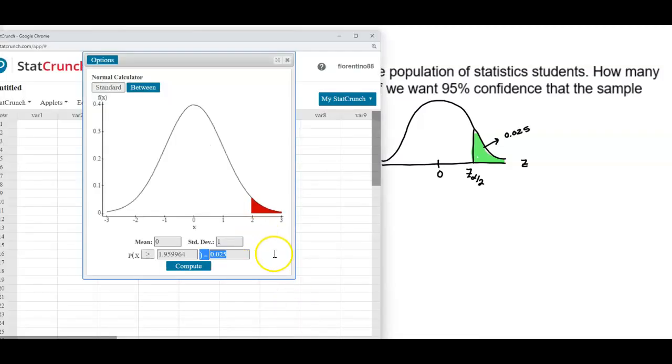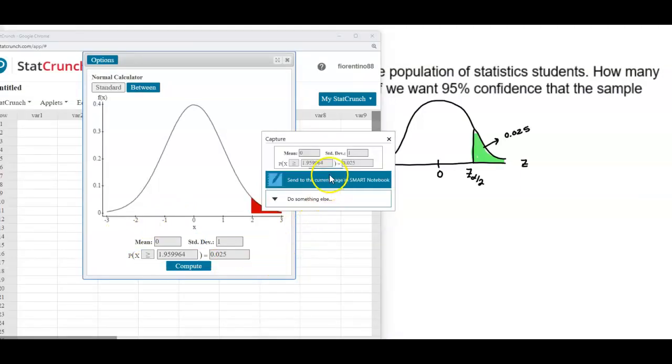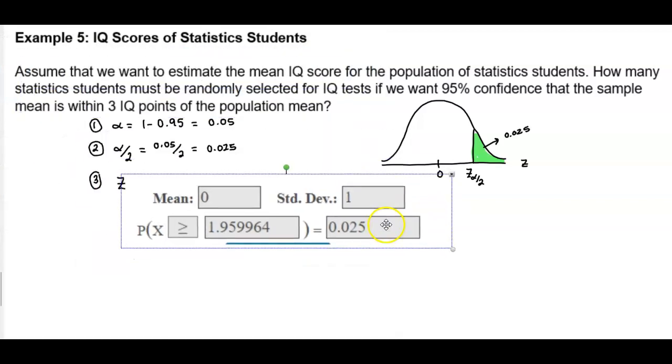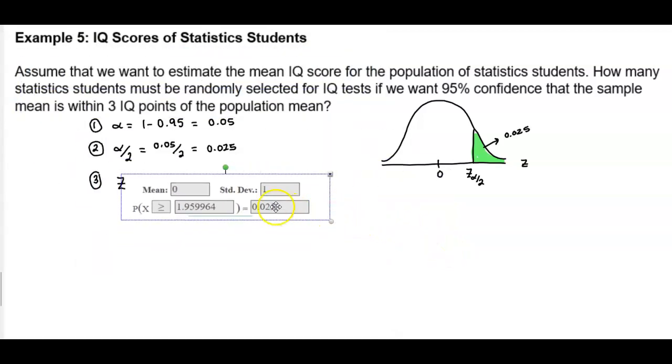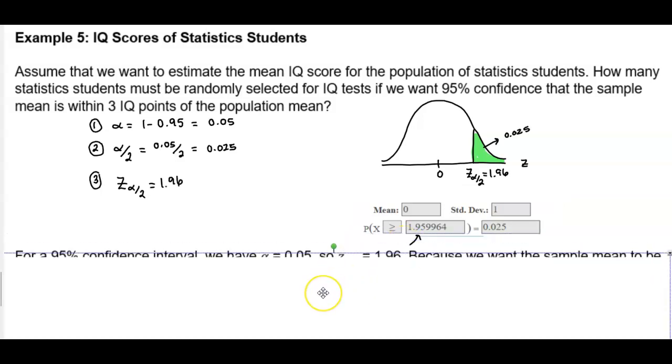So now that we have our critical value, let's go ahead and copy that. And then we're going to round that to 2 decimal places. So that critical value here is 1.96. So therefore, there is our critical value, which is 1.96.